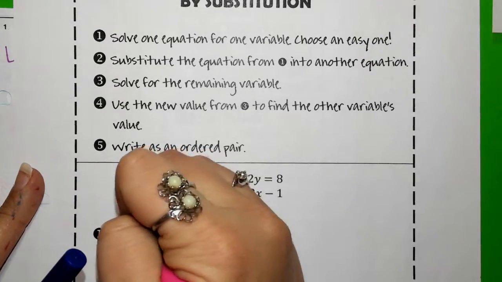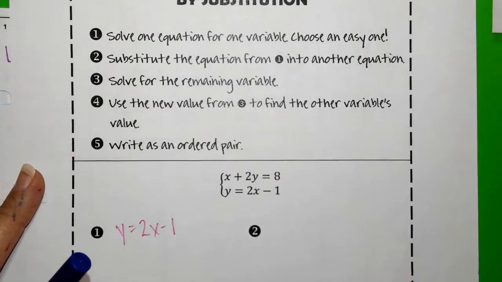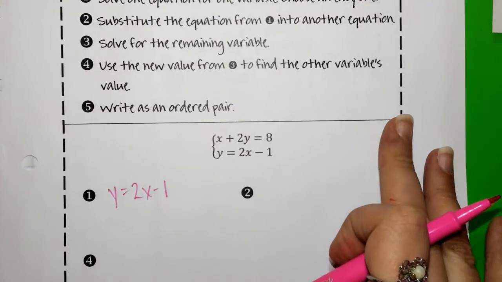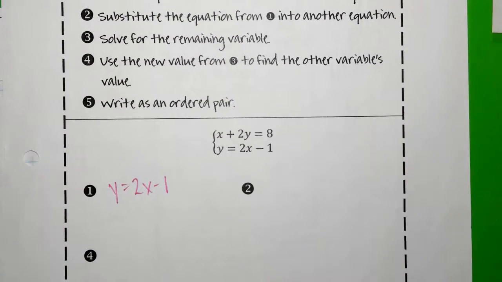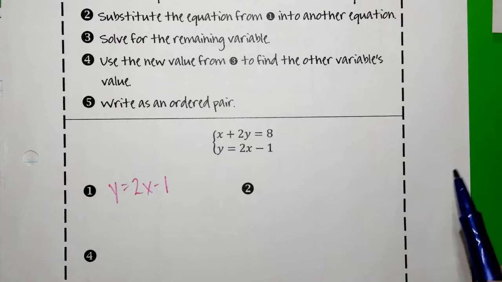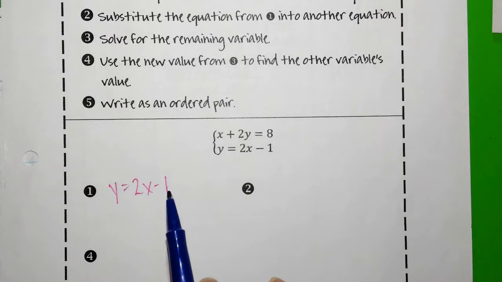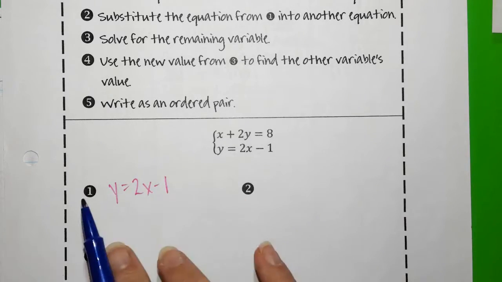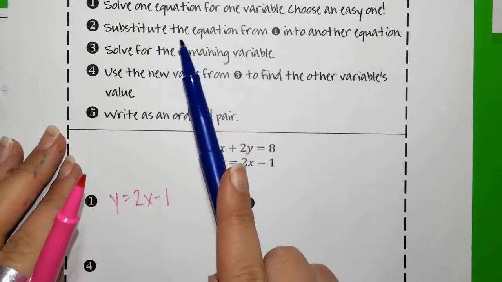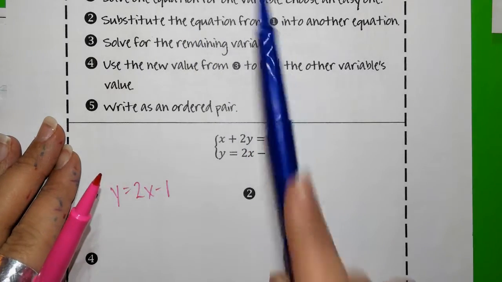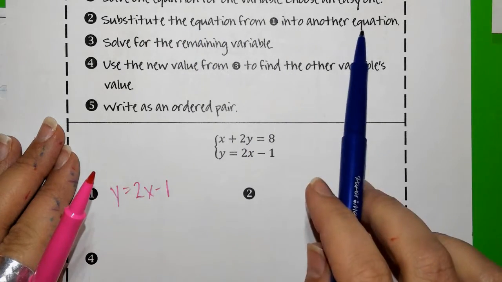So by step 1, we're going to write y equals 2x minus 1. And I'm going to use two different colors so that we can visually see what's happening. So we have our variable that's by itself. We know what y equals. Now this says, step 2, substitute the equation from 1 into another equation.